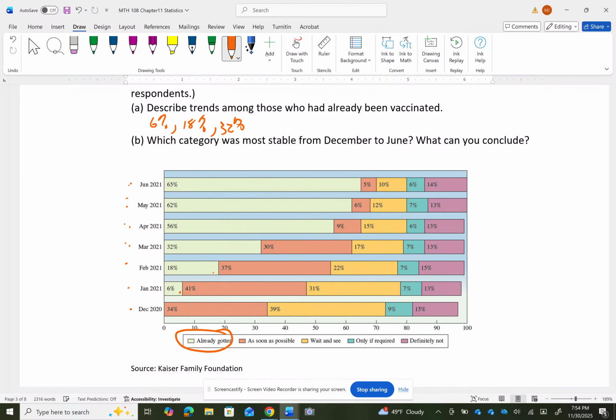And you see how as we went, 56%, then 62%, and then 65%. So more and more people. Upward trend, right? More and more people were getting vaccinated. So the percentage of people getting vaccinated was increasing.